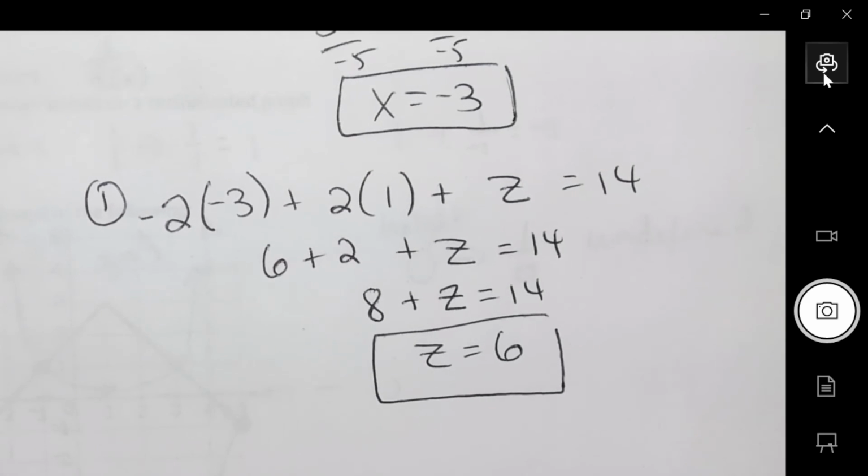And you can always check your answers when you're done by taking those three numbers and plugging them into, now if I go into equation 2 or 3, they should work in those equations as well.